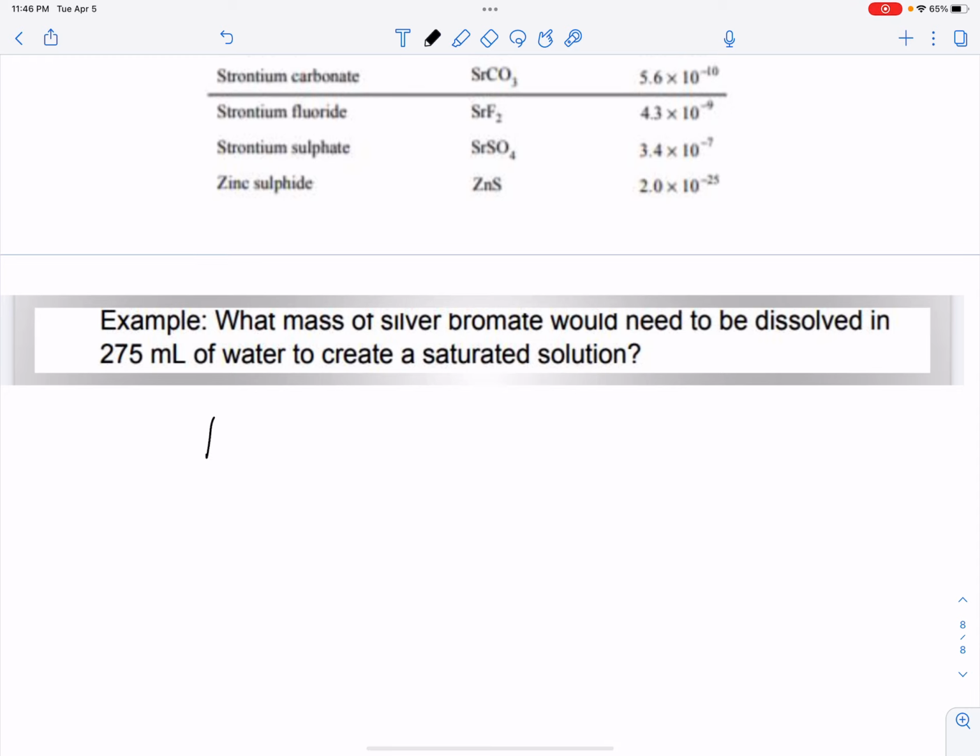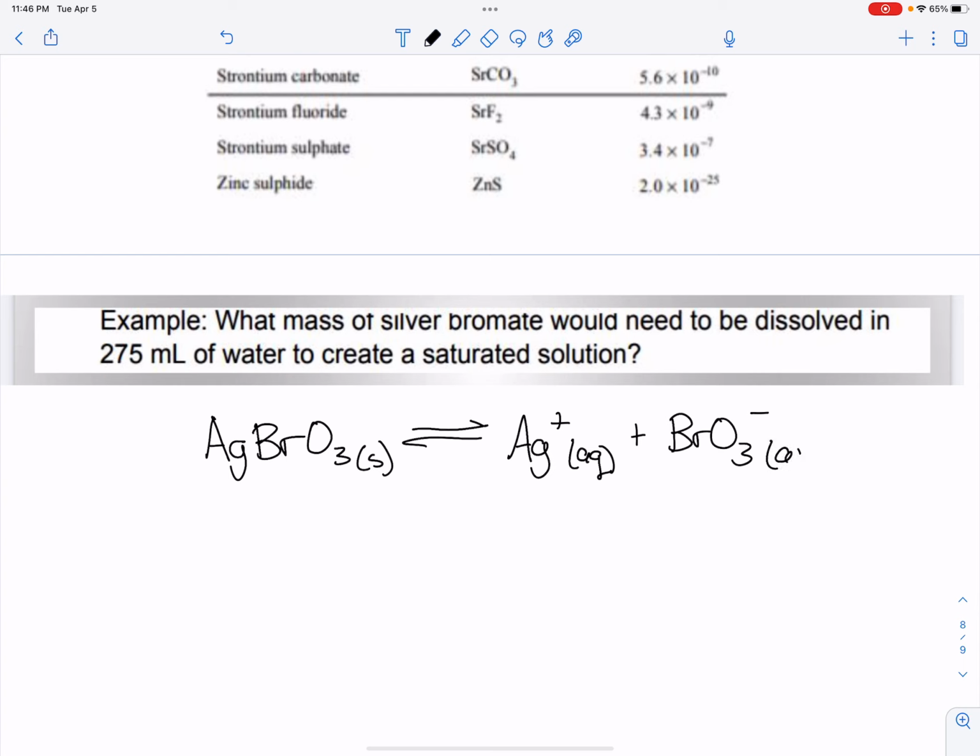So I'm going to start with my silver bromate, AgBrO3. My net ionic equation, I'm going to split it into ions. And I'll write out my solubility product expression, KSP.